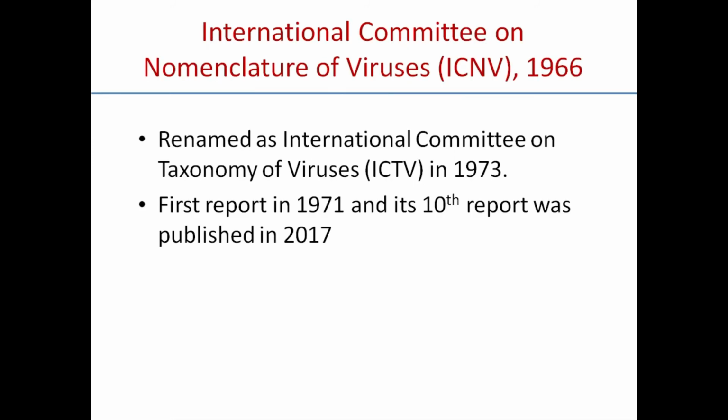Then the International Committee on Nomenclature of Viruses was established in the year 1966 and it was renamed the International Committee on Taxonomy of Viruses in 1973. This is the apex body of virus taxonomy. They gave their first report in the year 1971 and the 10th report was published in 2017.